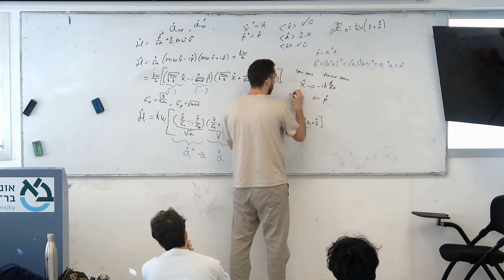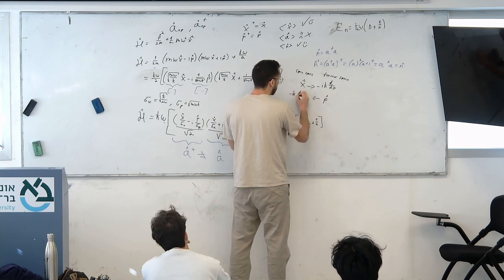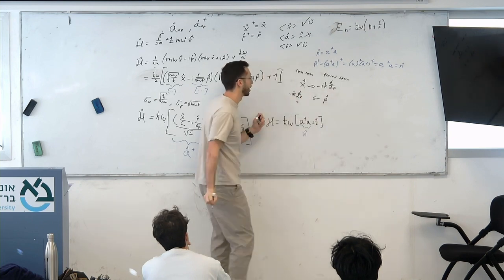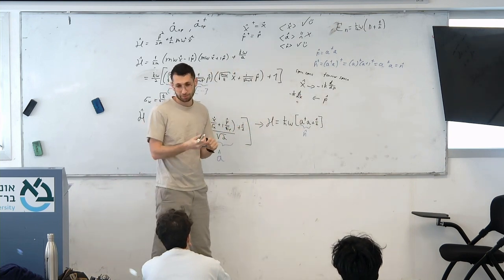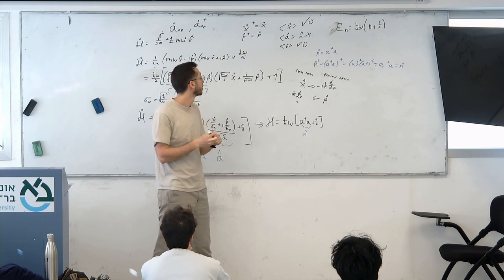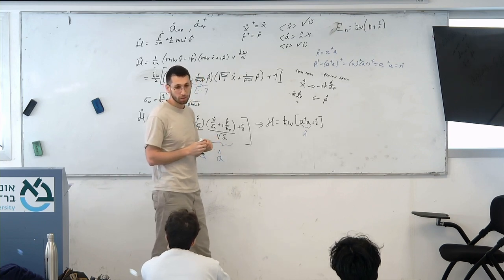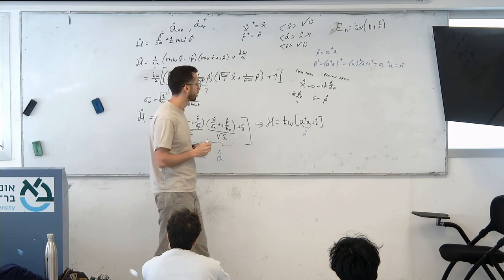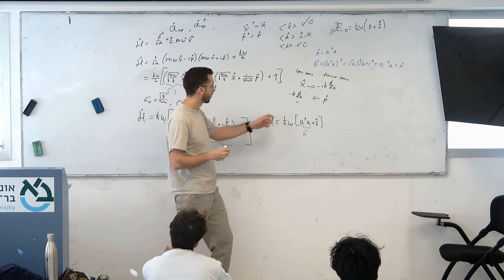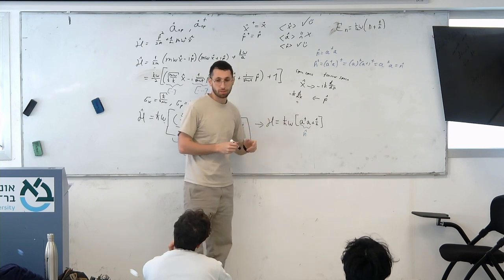The P operator is going to be minus i h bar ∂ over ∂x. So if you take the dagger of P in the space representation, you'd have i h bar, the dagger of ∂ over ∂x.